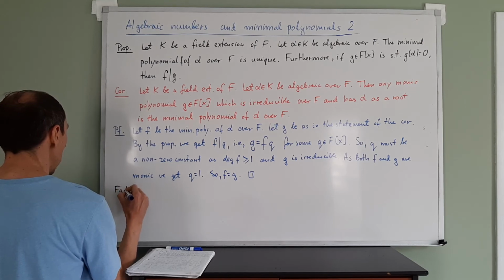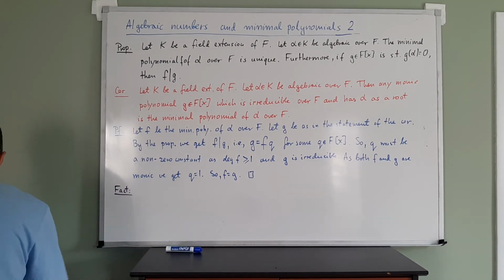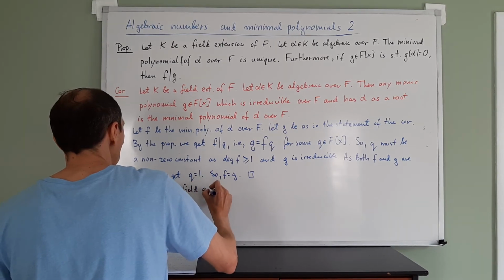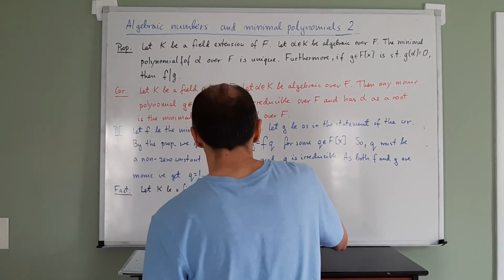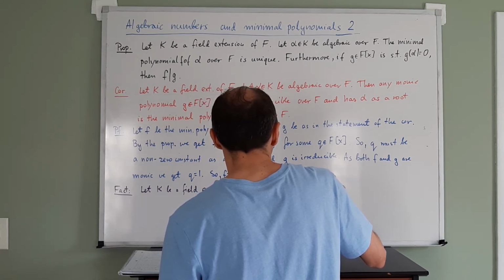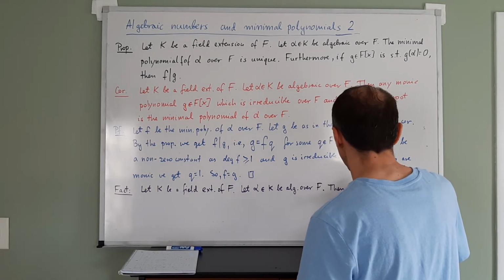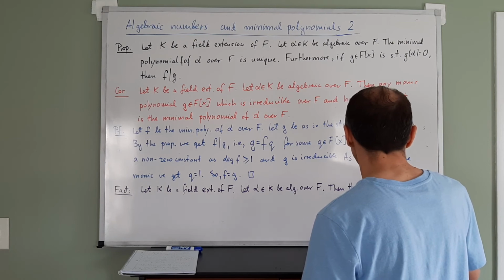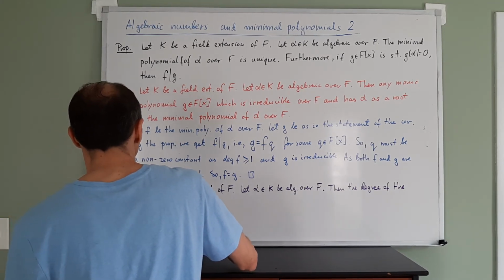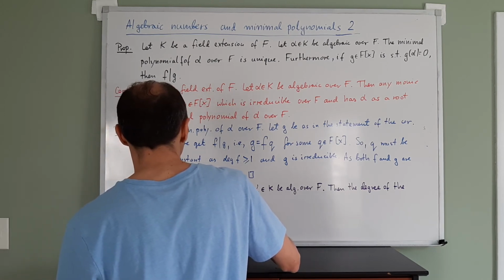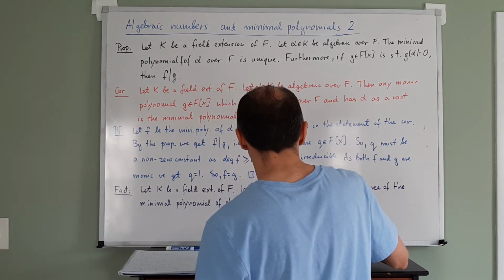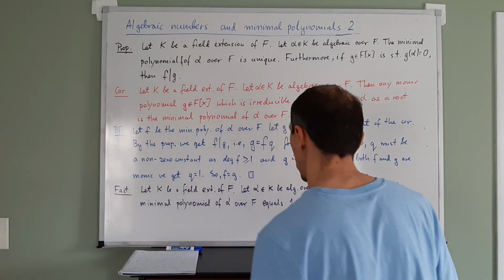So, fact: let K be a field extension of F, and let alpha in K be algebraic over F. Then the degree of the minimal polynomial of alpha over F equals 1 if and only if alpha is in F.